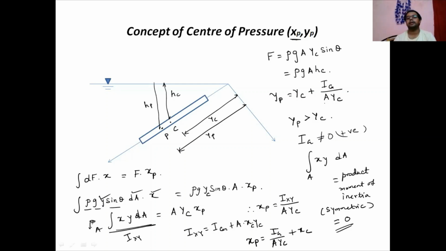So another equation comes. So XP and YP we can find out, and we can get the proper location of the center of pressure in a coordinate system. XP and YP both we are getting in this way, and for the plane surface we can find it in this manner.